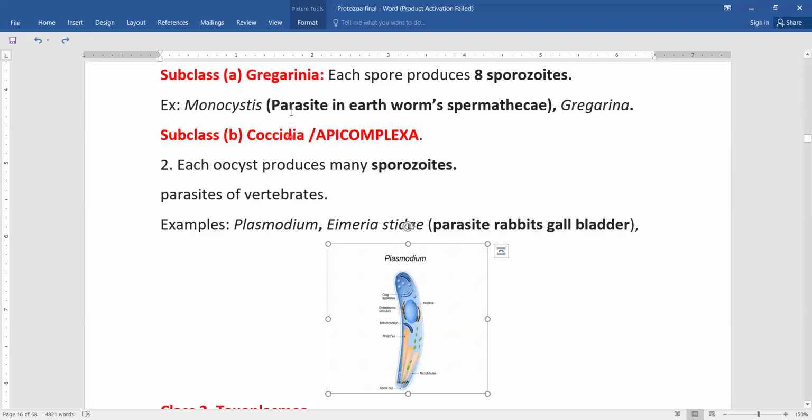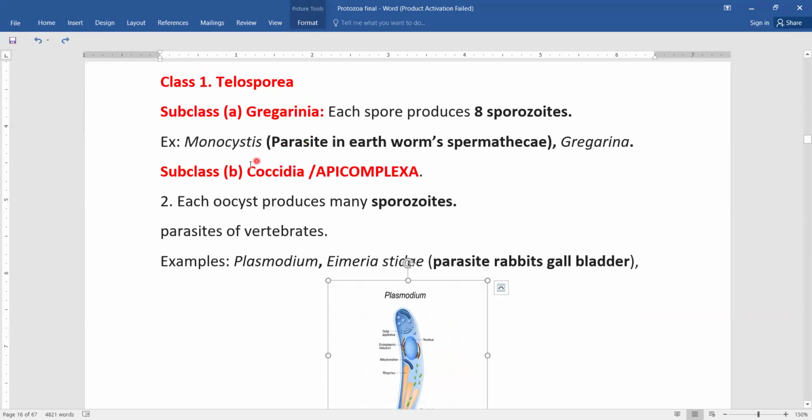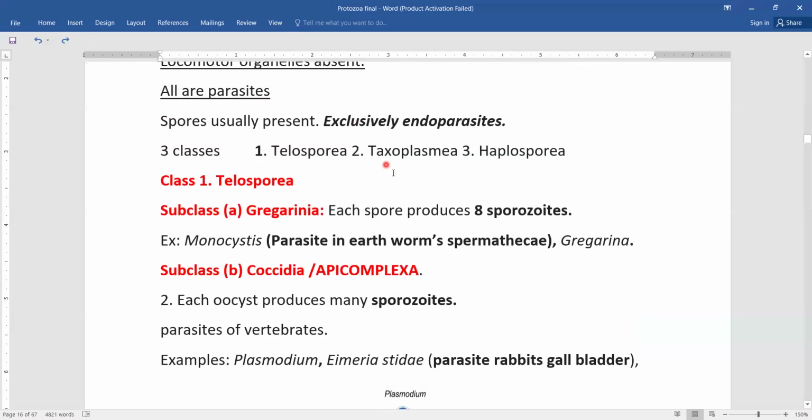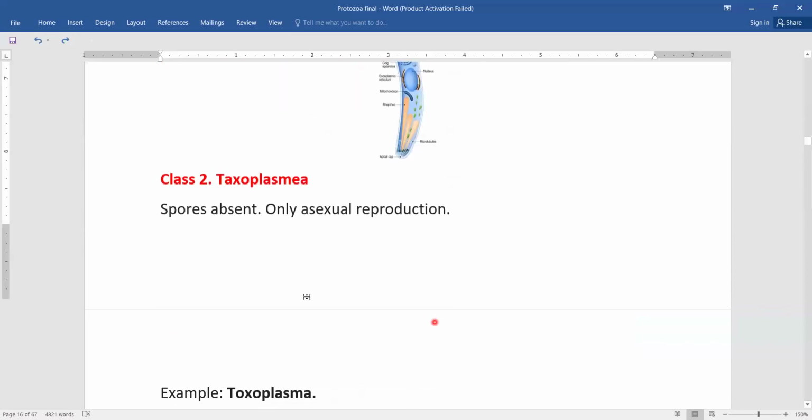So subclass Gregarinia, example Monocystis; then Coccidia or Epicomplexa, example Plasmodium, Eimeria, which is the internal parasite in rabbits.